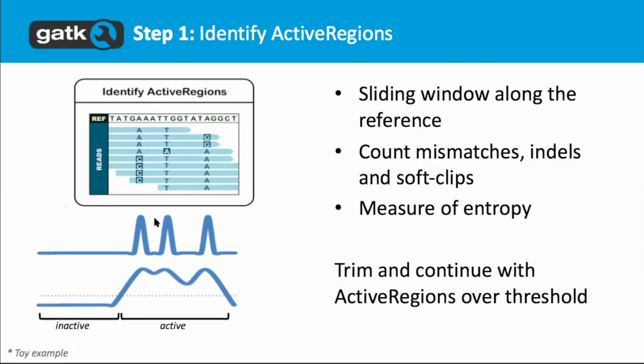And if, for any particular region, we get to a point where we cross a threshold and there's enough happening, there's enough things that we're counting within that area, we would say this is an active region that is worth investigating in more detail.